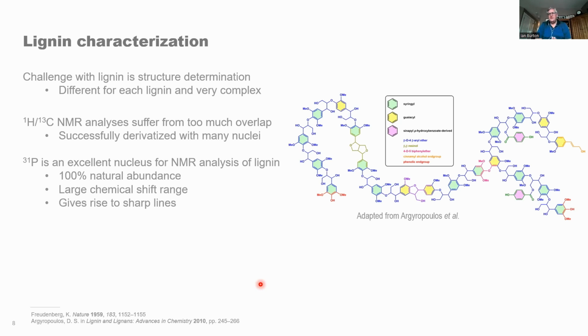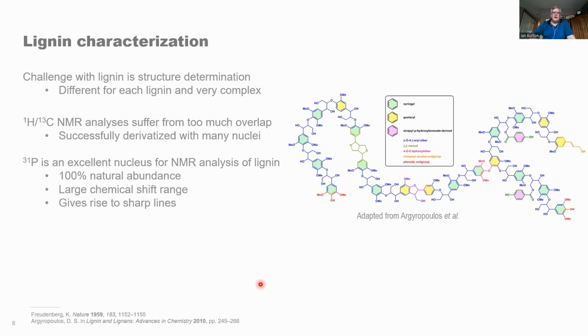So generally, a lignin is made up of syringyl, guaiacyl, and synapyl groups, but they can be arranged in a lot of different ways and connected in a lot of different ways. And that's important to understanding the properties of the lignin, the cross-linking, the amount of the different monomer groups, functional groups on the polymer. Now, one nice thing about doing NMR is the NMR nucleus, or the atomic nucleus, is a very sensitive measure of its local magnetic environment.